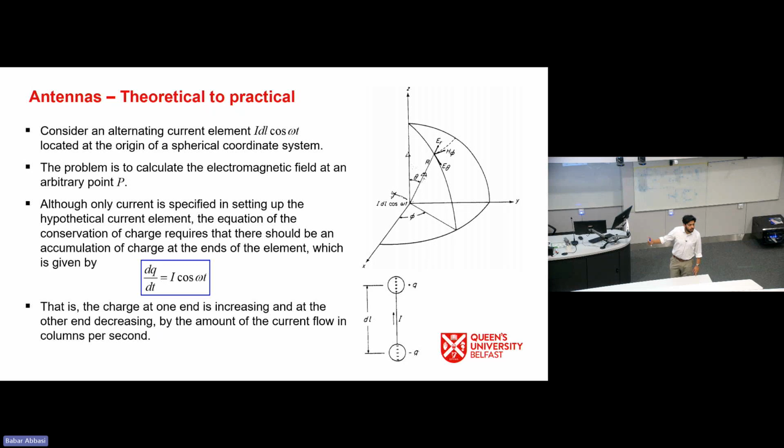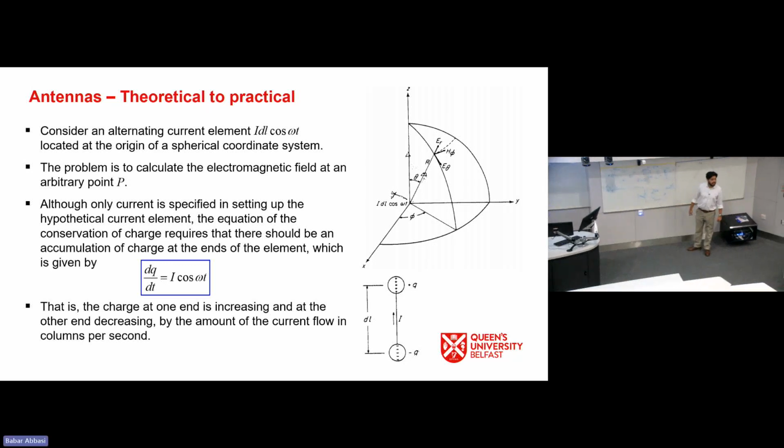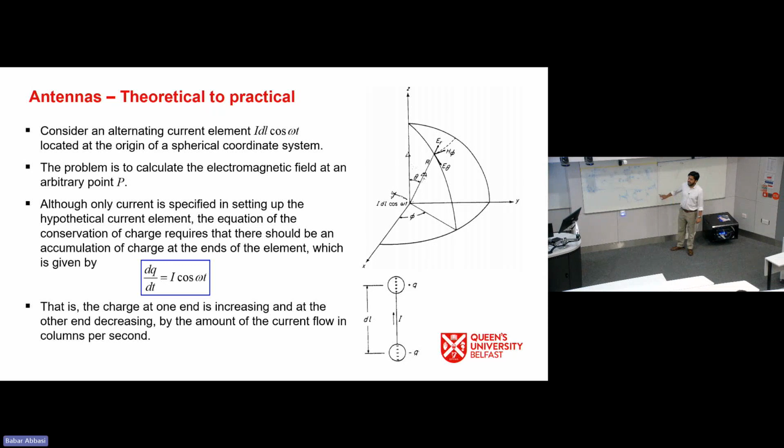Omega is equal to 2 pi f. What is f? Frequency, the frequency at which I want to create a signal. What is t? t is time.